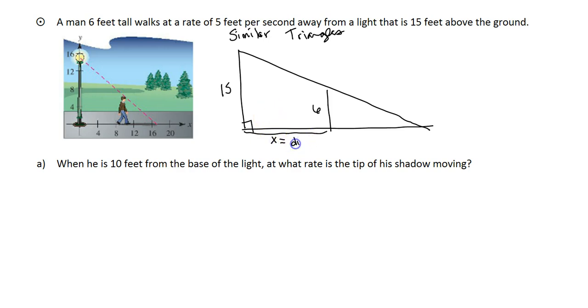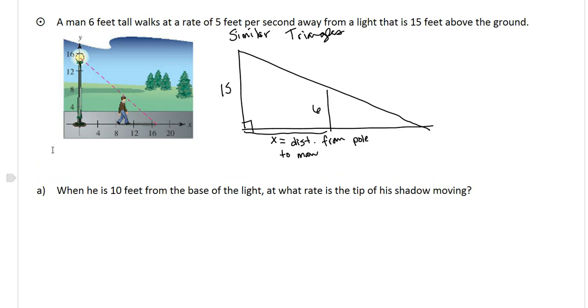X is going to be the distance from the pole to the man. And so that's going to be our variable x. And we know from the problem that dx over dt is 5.